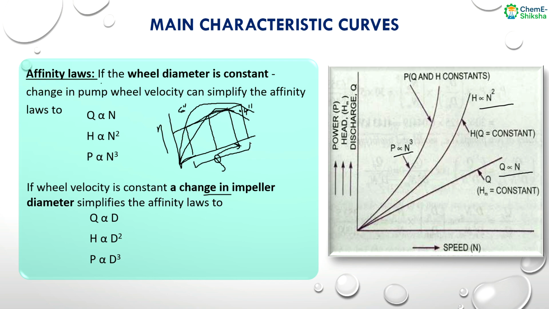So now if we want to keep more than 90% efficiency, then we can keep the flow rate from this point to this point. So for different impeller diameters, if we draw these curves keeping the wheel velocity constant, and then add these points of the same efficiency for the Q points, we will get a graph like this.